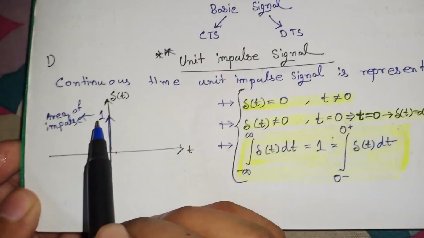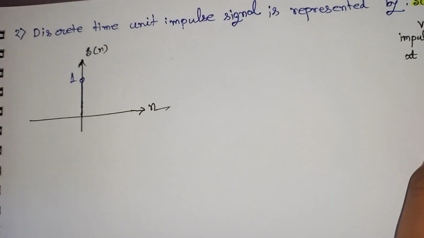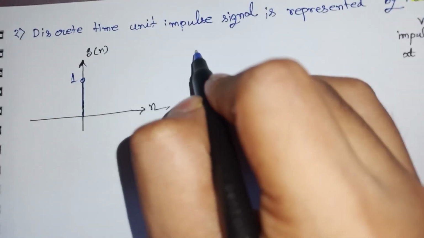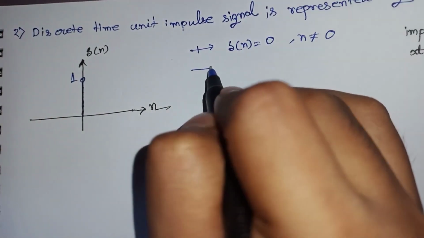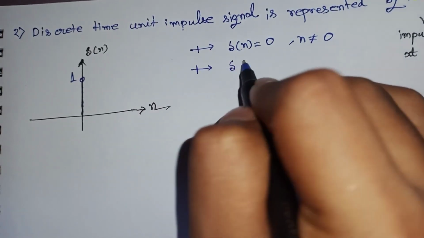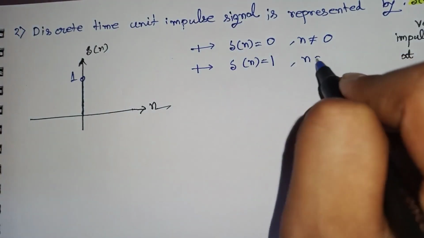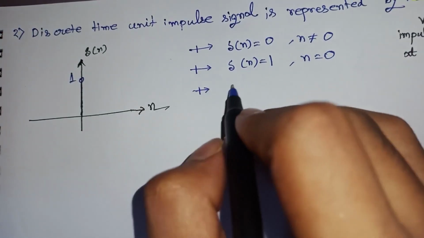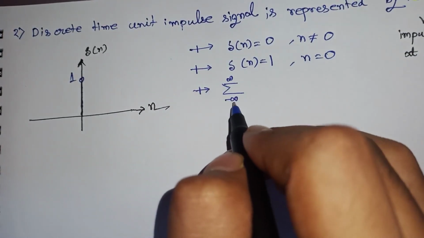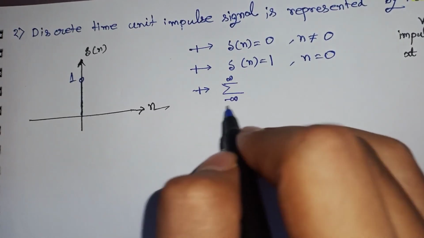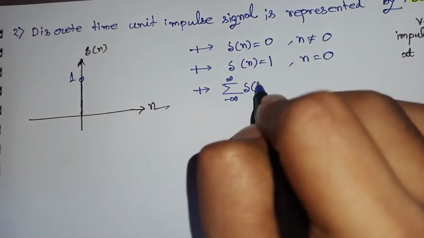So if we write the definition, del n equals to 0 for n not equals to 0, del n equals to 1 for n equals to 0, and summation from n equals to minus infinity to infinity del k equals to 1.